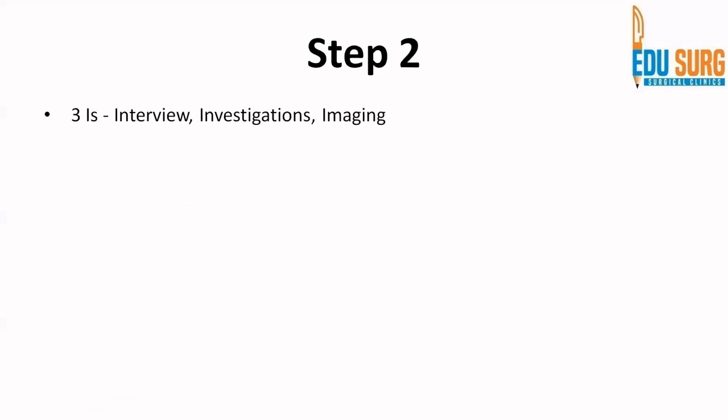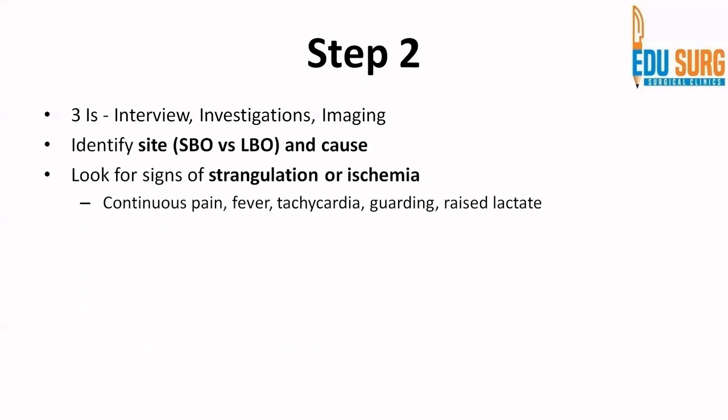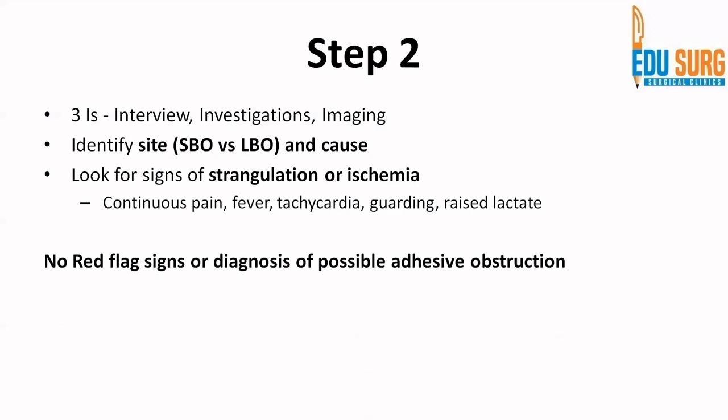Once you have done this basic resuscitation in your emergency setting, then look at the three I's, as I say, the clinical history and examination or interview of the patient, investigations and imaging, that is the three videos that we have seen, identify the site and cause and look for signs of strangulation and ischemia.